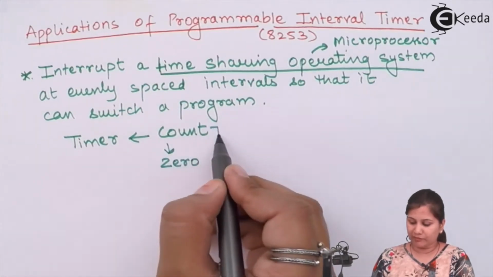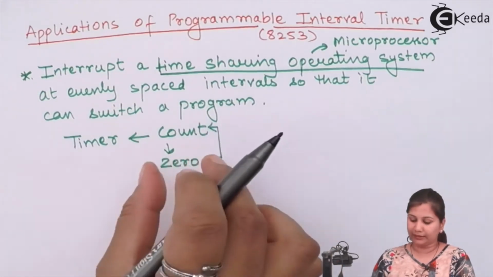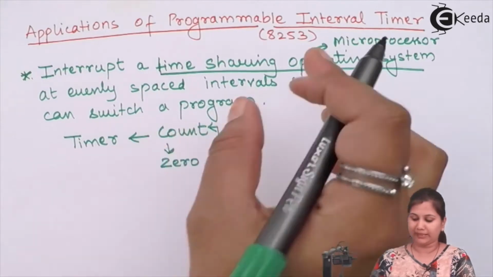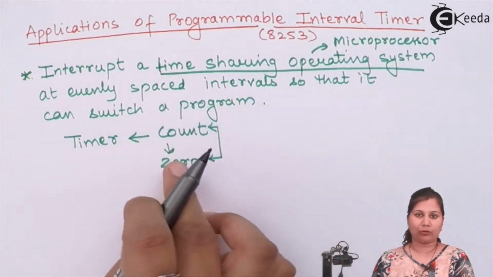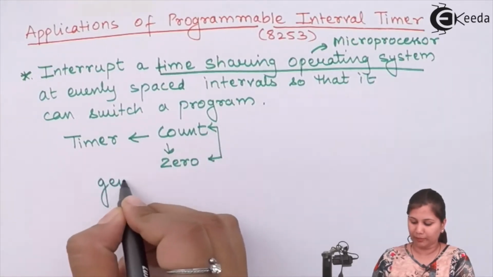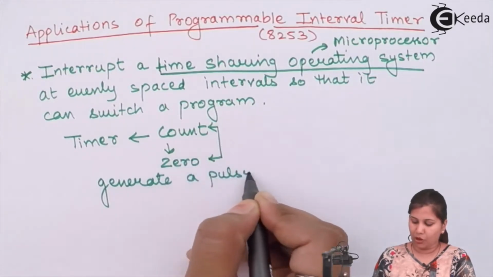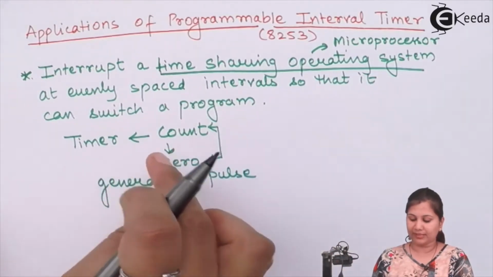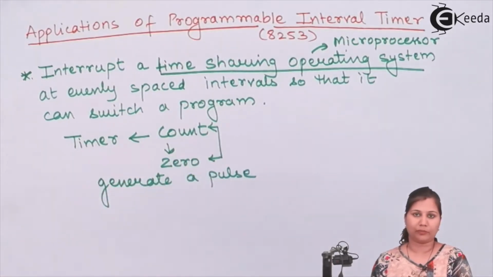So the time taken to decrement this count till 0, that time delay will be provided by this timer. At the end, when this count has become 0, this timer is going to generate a pulse. Or we can set that when this counter has become 0, then interrupt the microprocessor.